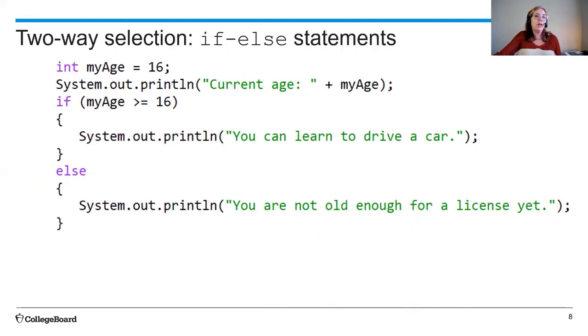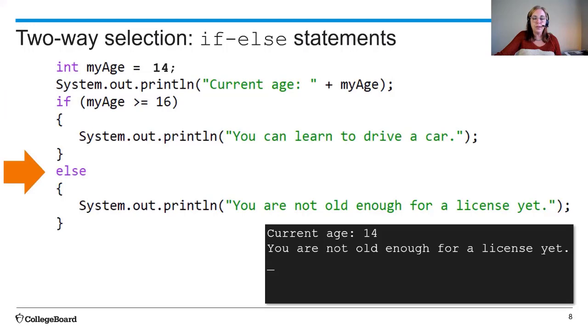Now let's change the code a little bit and look at making it where we'll invoke our else situation. The age is not greater than or equal to 16, therefore it's going to bypass my if and go down to my else. And then you should get the proper statement.